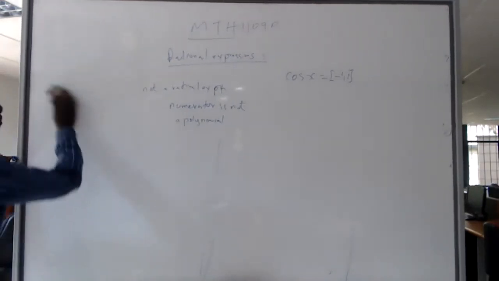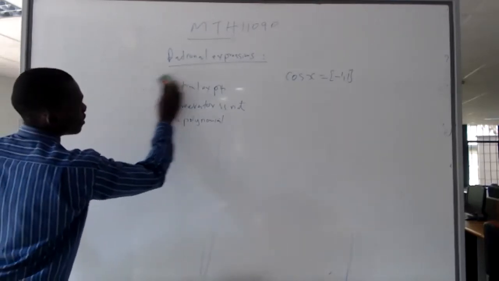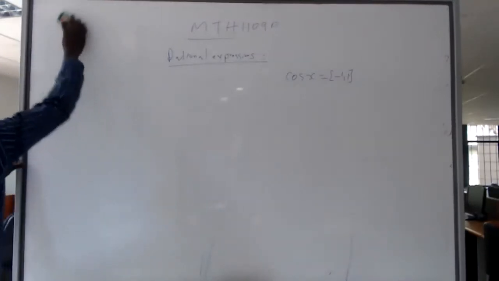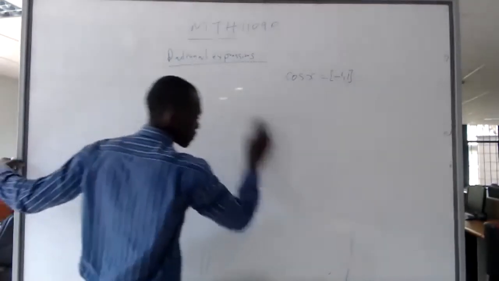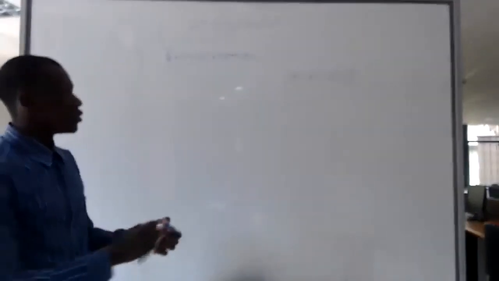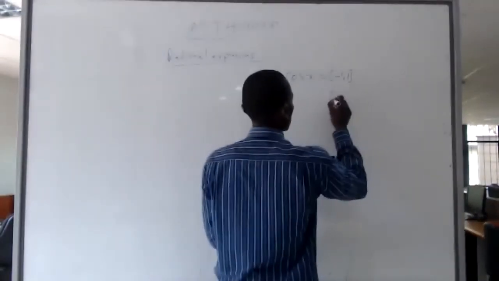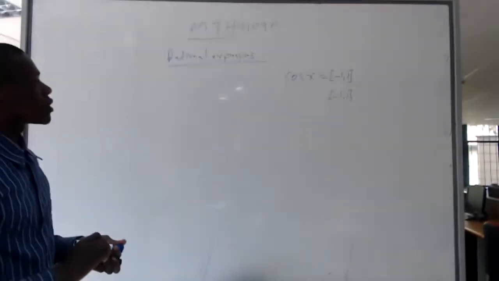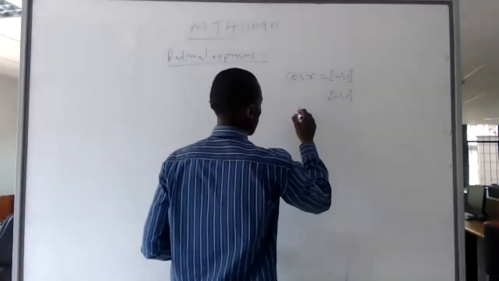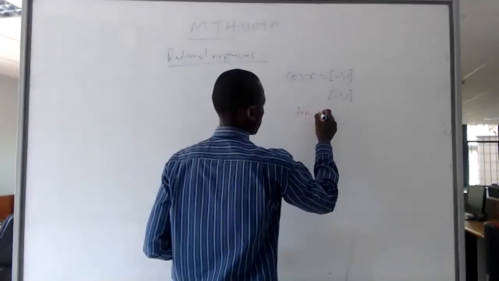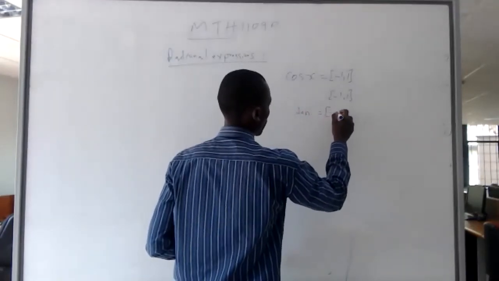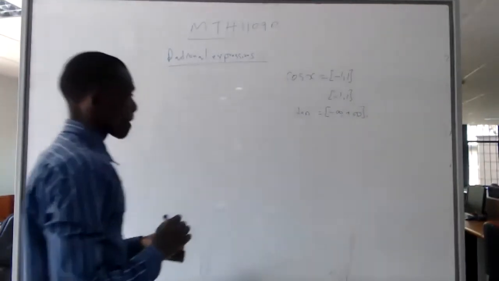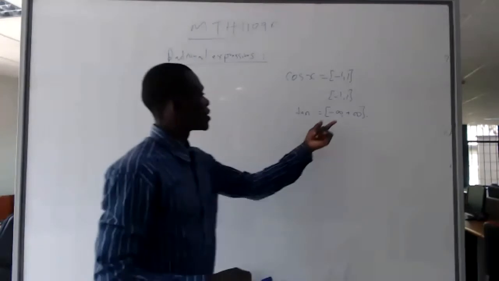And if it was sine or tangent instead, would it still be a polynomial? If it was sine, yeah, sine will also give you values from -1 to 1. And then tangent, you have to be very careful, because tangent gives you from -infinity to +infinity, and some of these are not real.